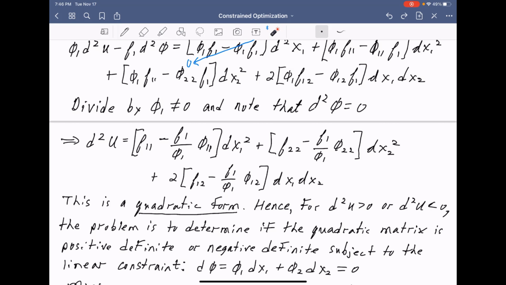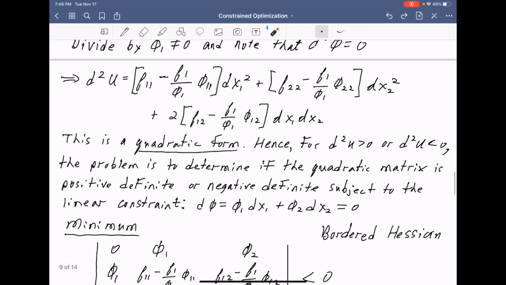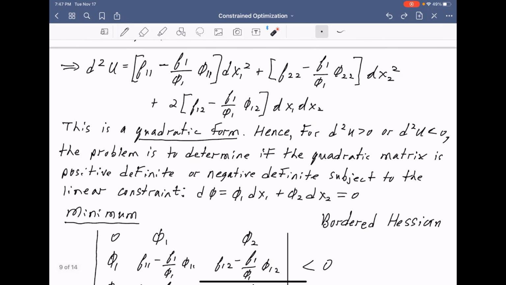Now notice, because we've got a dx1 squared here, dx2 squared here, and dx1 times dx2, we have a quadratic form. All right, so hence for d squared u greater than 0 or d squared u less than 0, the problem is to determine if the quadratic matrix is positive definite or negative definite.